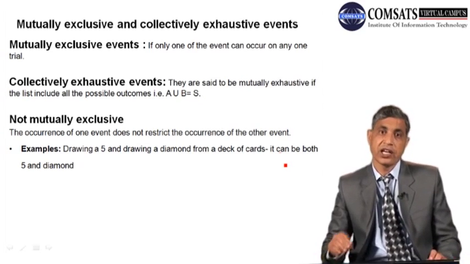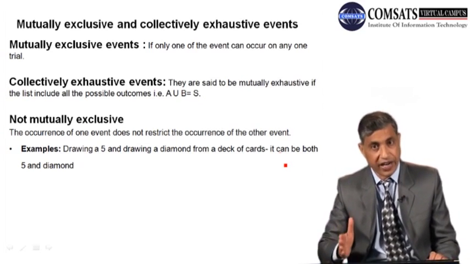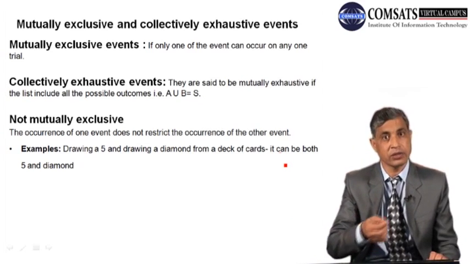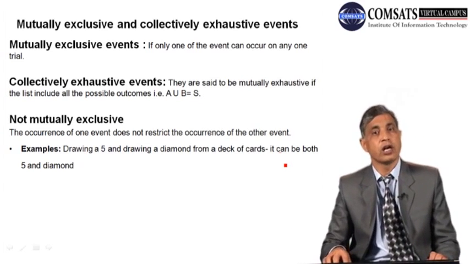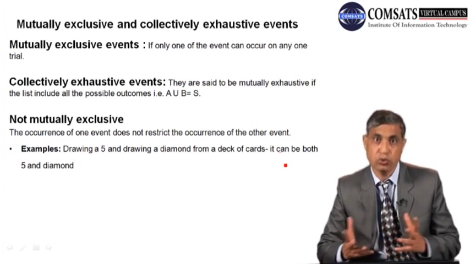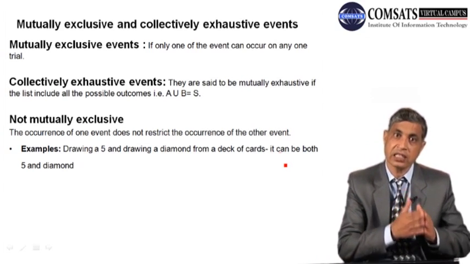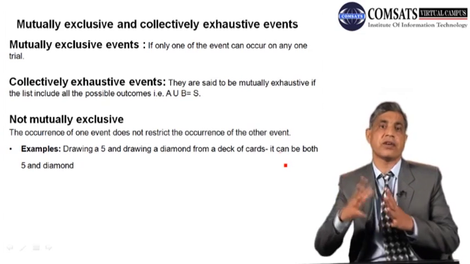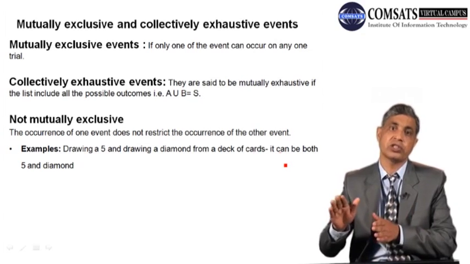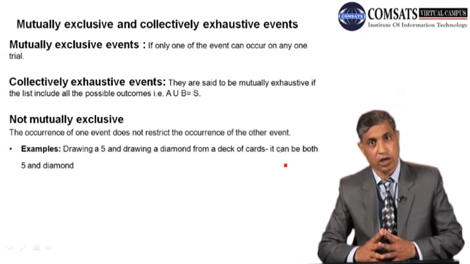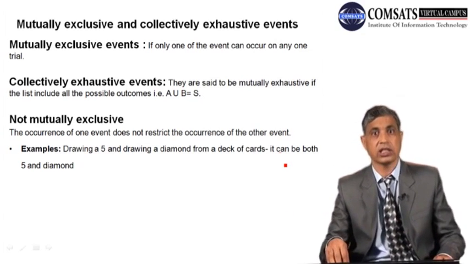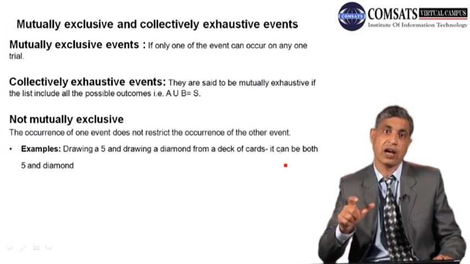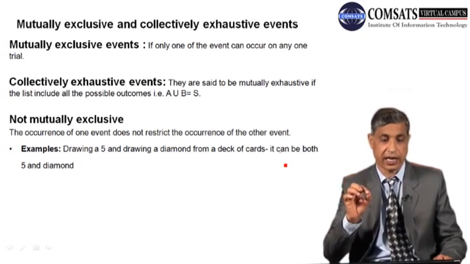For example, if I throw a coin, if head comes, tail cannot come in that event, and if tail comes, the head cannot appear. So the appearance of one event categorically restricts the appearance of the other. It precludes the probability that the other event will occur. So mutually exclusive events are those where only one of the events can occur in one trial.